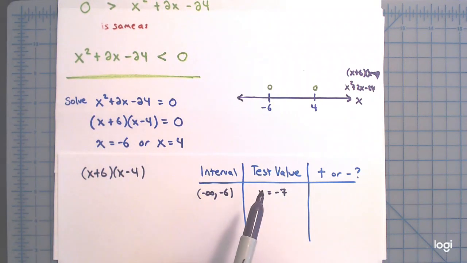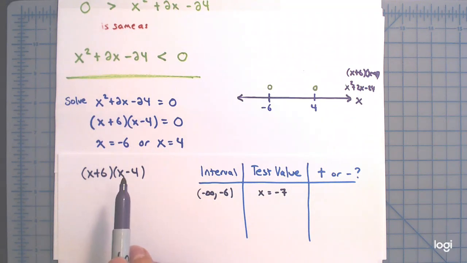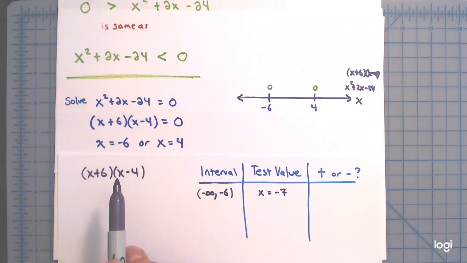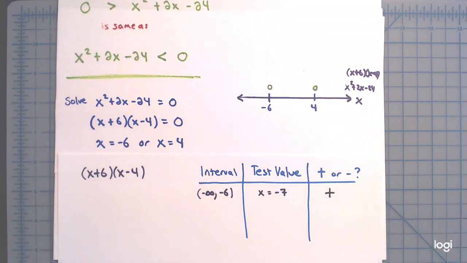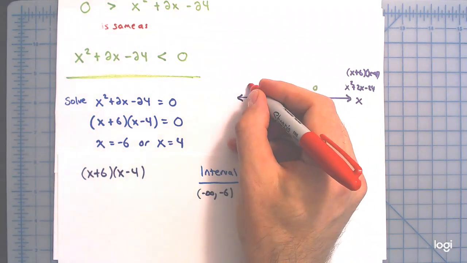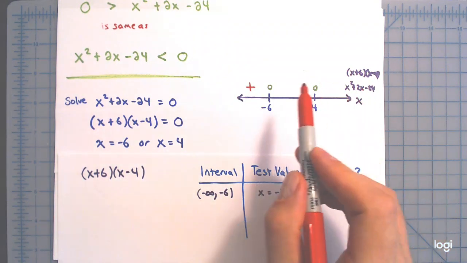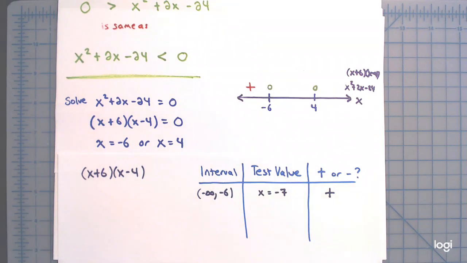If I plug in negative 7 for x, negative 7 plus 6 is negative 1, and negative 7 minus 4 is negative 11. Negative times negative is a positive. So back on the number line, over that interval, put a big plus sign. The value of this expression is positive for any input less than negative 6.